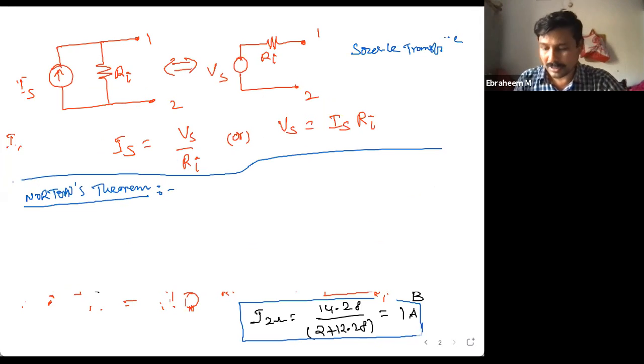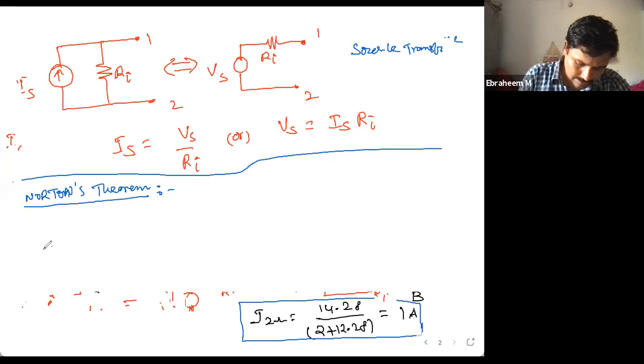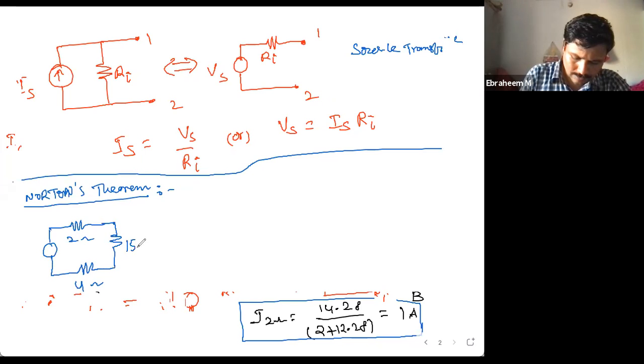We had a voltage source with 2 ohms, 4 ohms, 15 ohms, 3 ohms, 5 ohms, and 2 ohms.